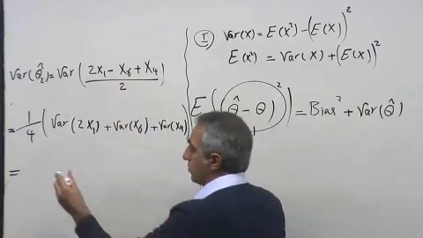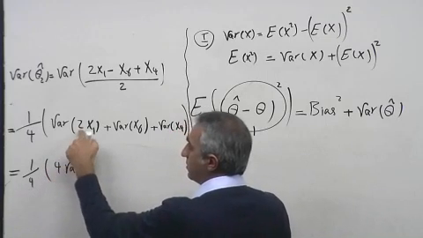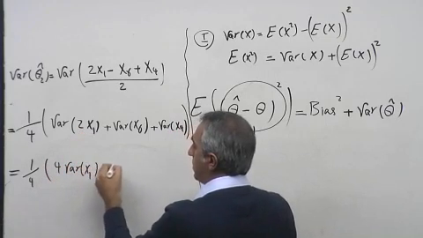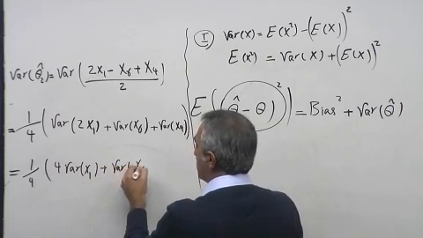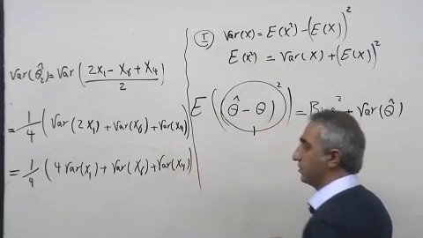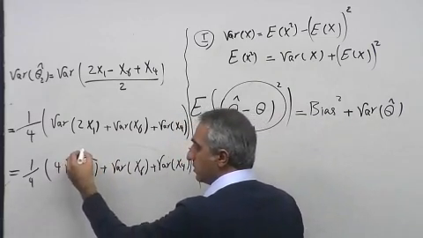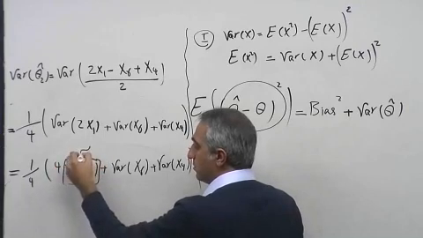Okay? So for the first one it's 4 times the variance of x1, plus the variance of x6, plus the variance of x4. So what is the variance of x1? It's sigma squared.